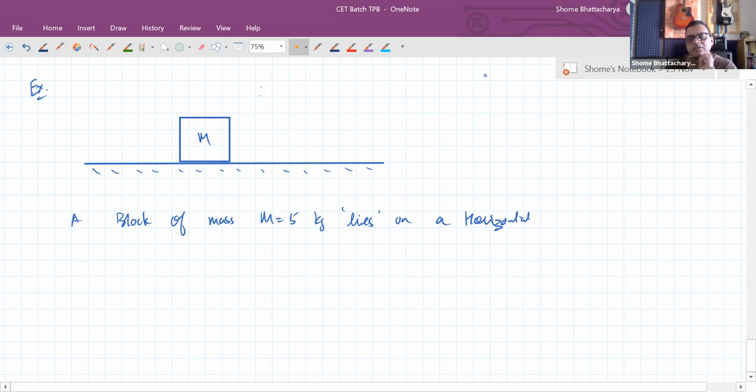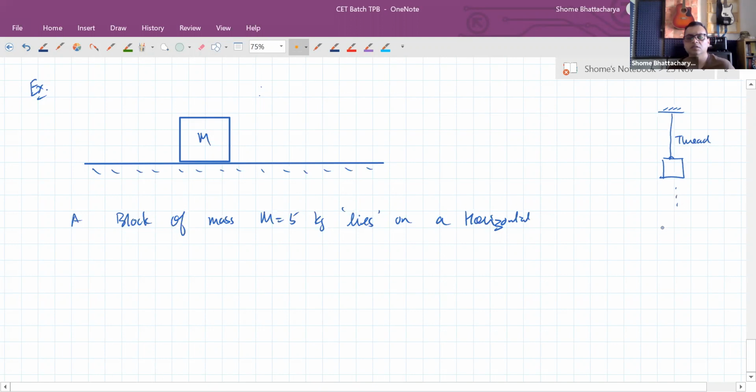Yeah, Gazanfer, if an object is in free fall, it is not in contact with any surface, so there is no normal reaction acting on it. So not just when an object is in free fall, but suppose instead of the block being on the floor, you suspended it using a thread.